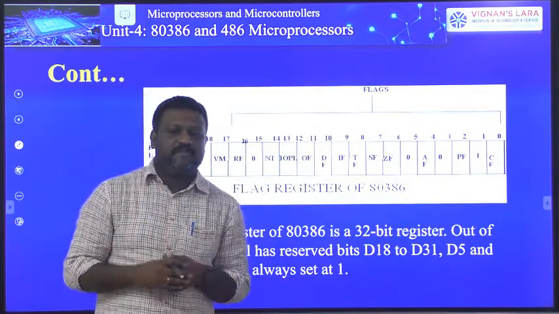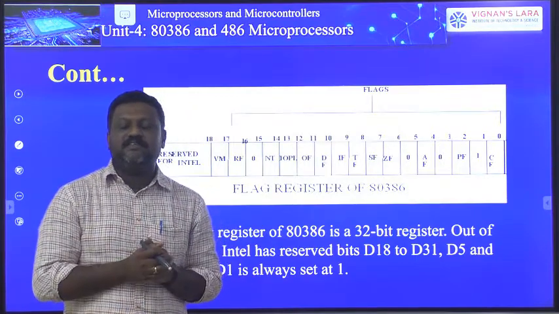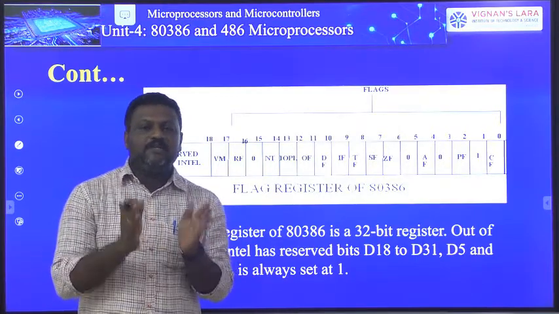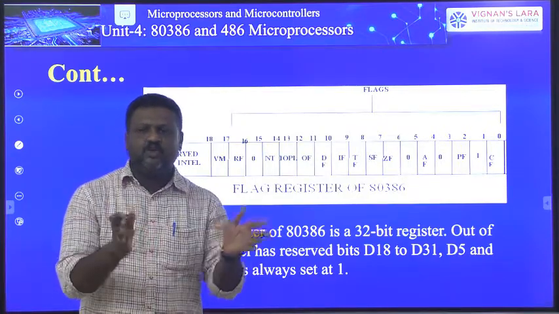Just remember, friends, in case of 8086, the flag register size is 16 bits. In that we have 9 active flags, which we divided into 2 groups.